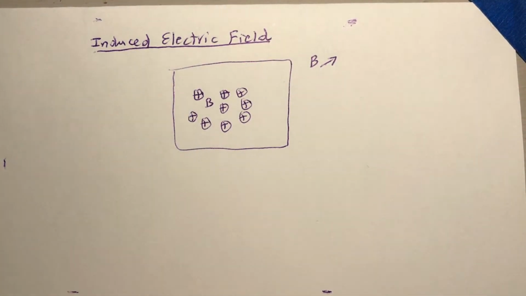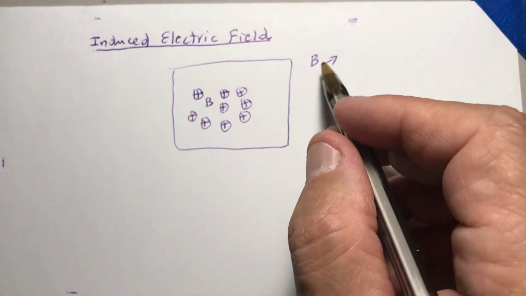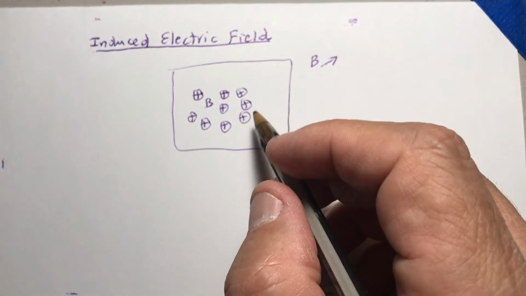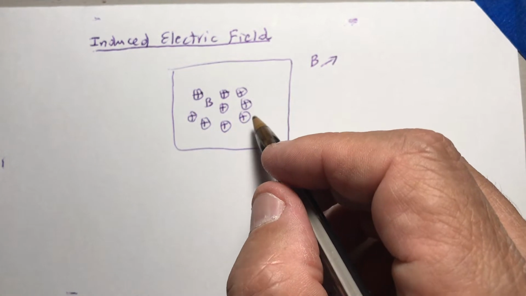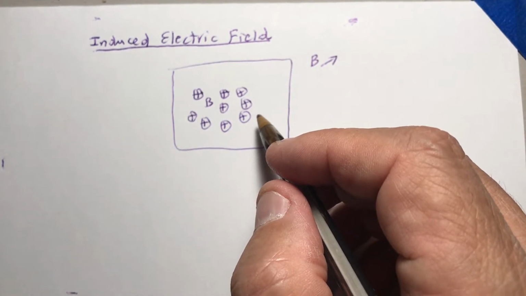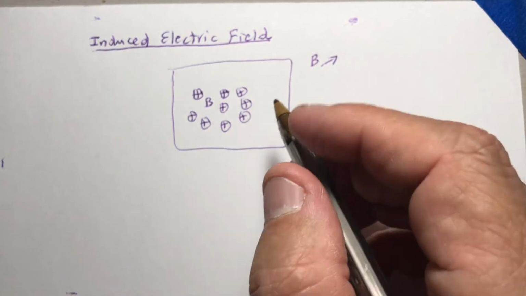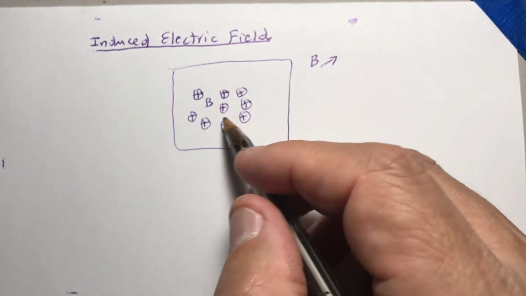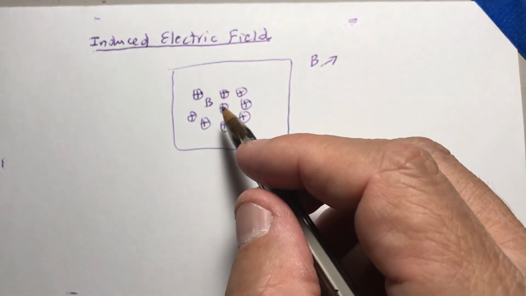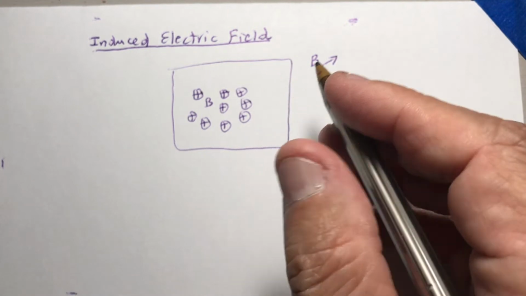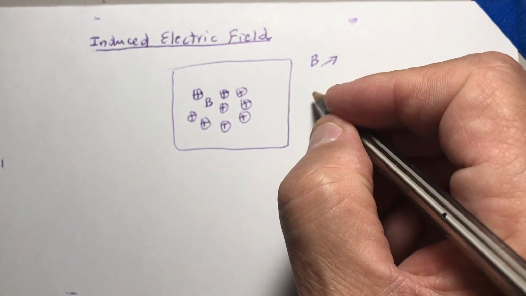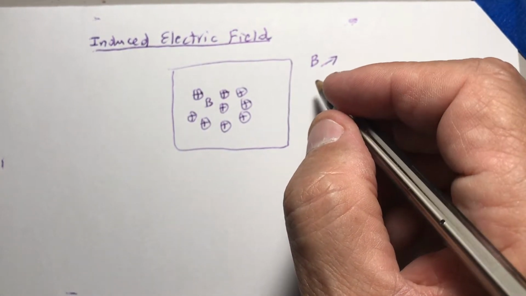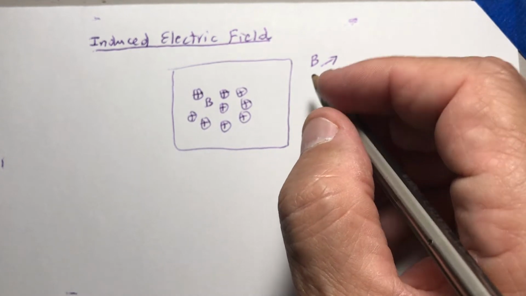What will happen? If the B field increases, what's going to happen? You're going to generate an electric field. How are you going to generate the electric field? Before I explain how we're going to generate this electric field, we need to write this formula here, which is Faraday's law in an integral form.